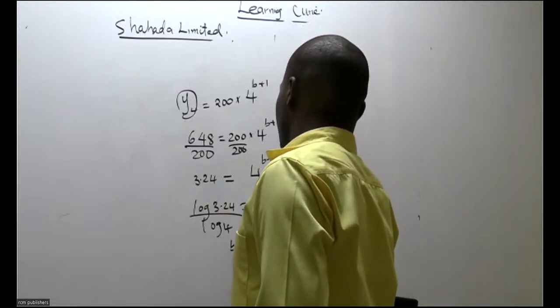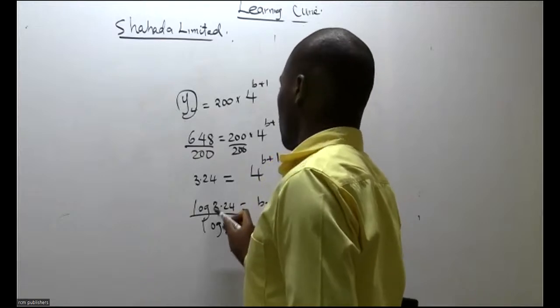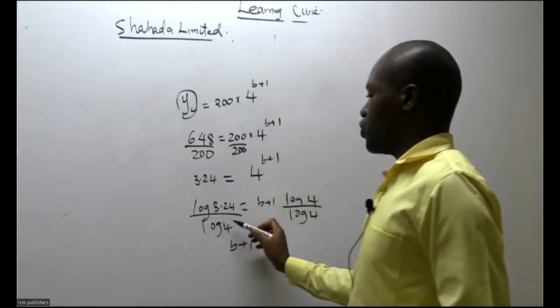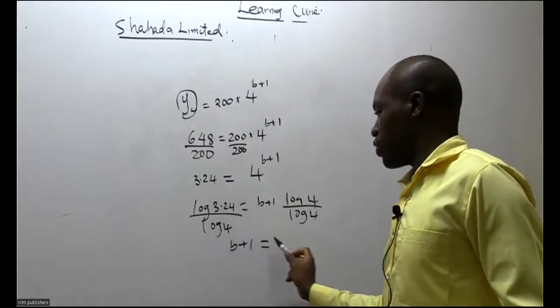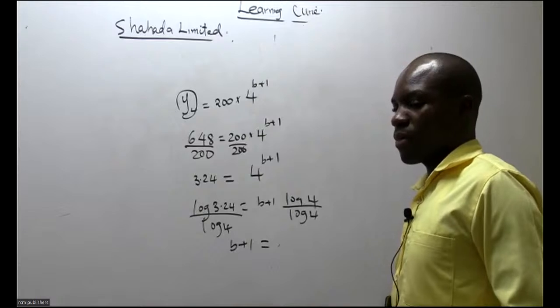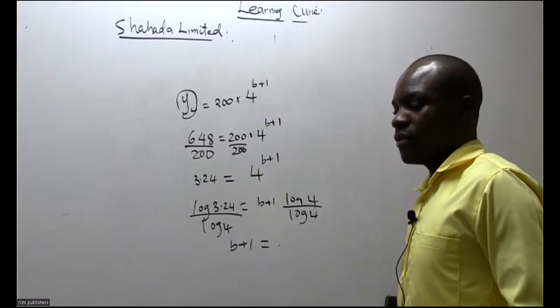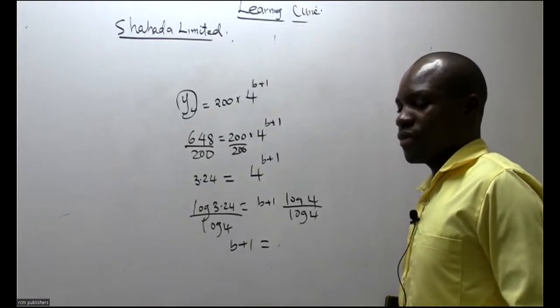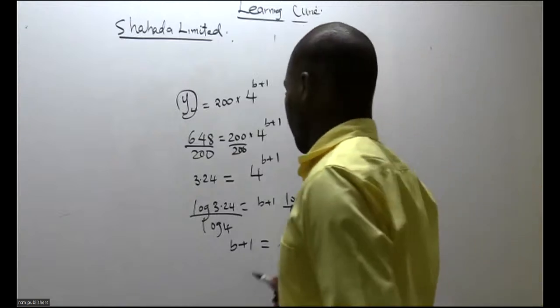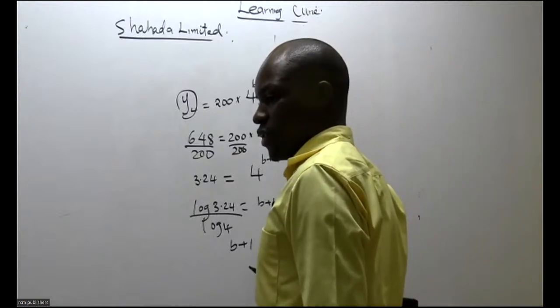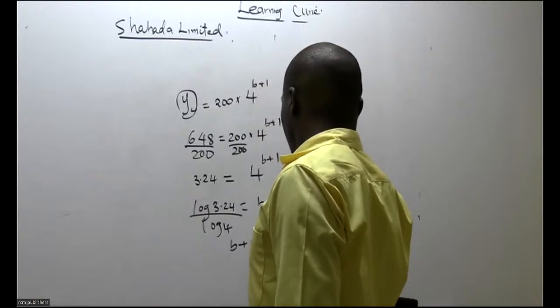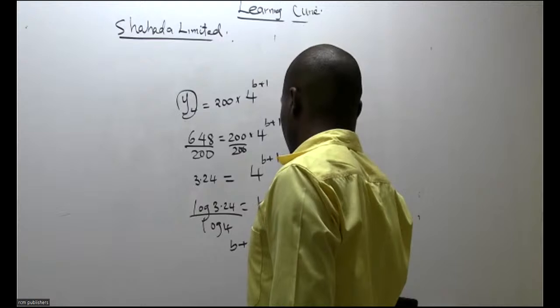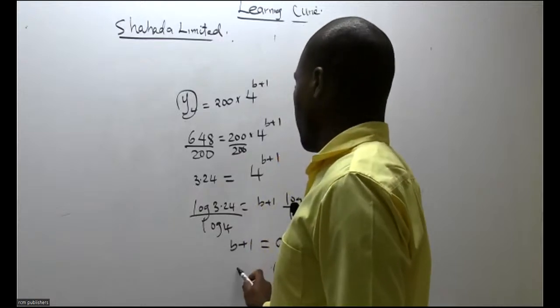So B plus 1 is equal to log 3.24 divided by log 4. What will you have? 0.848. Good. You have this.